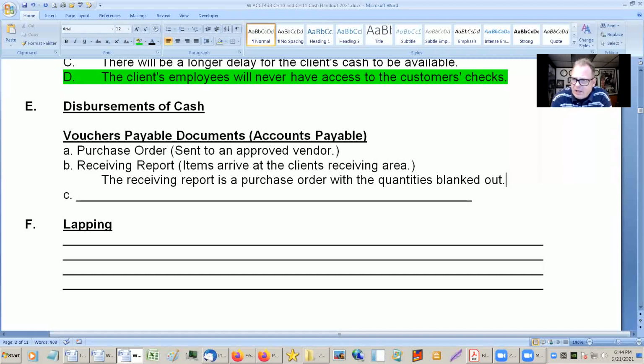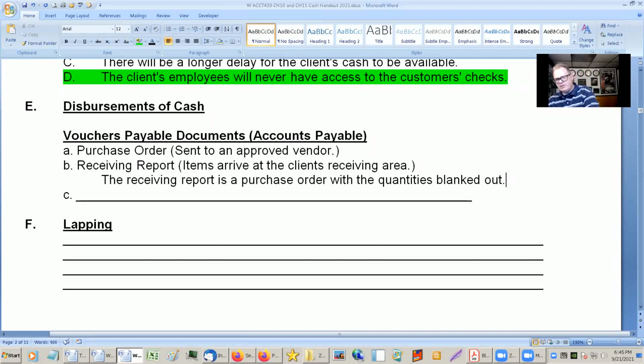Why do they have the quantities blanked out? Why don't they just leave the quantities in? It's actually a control.